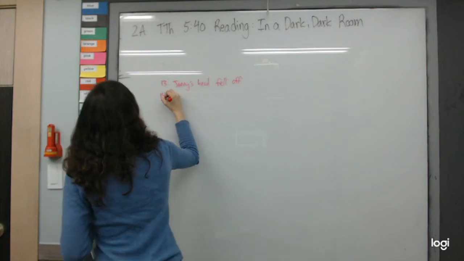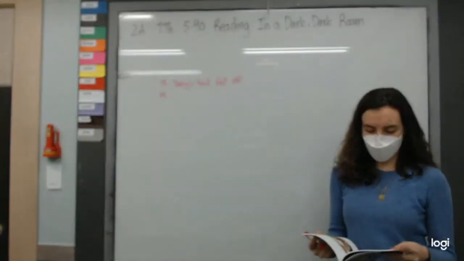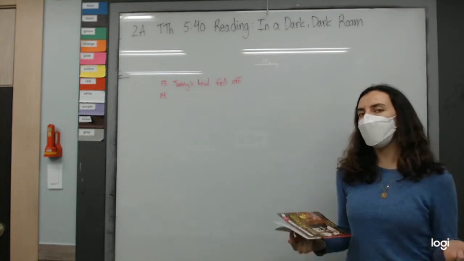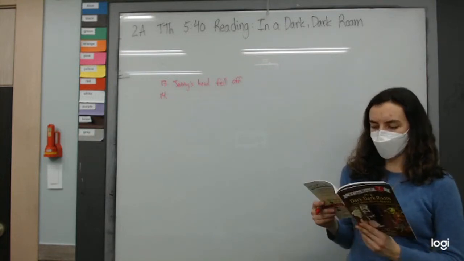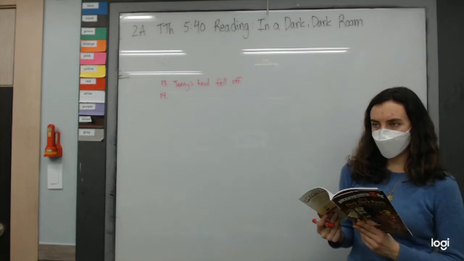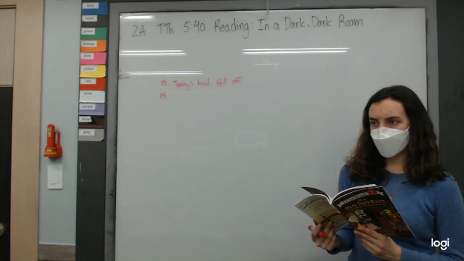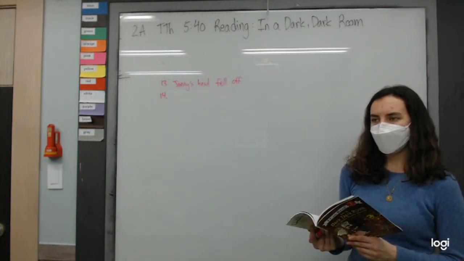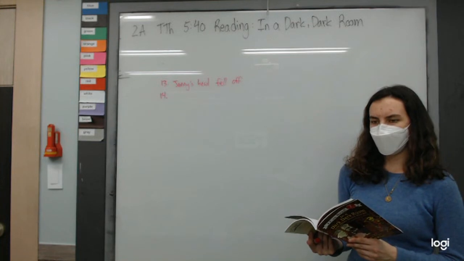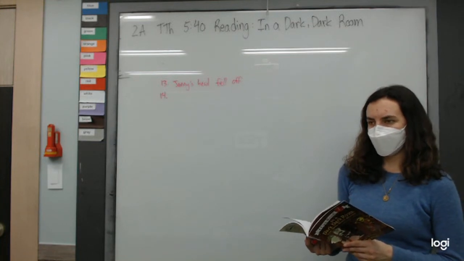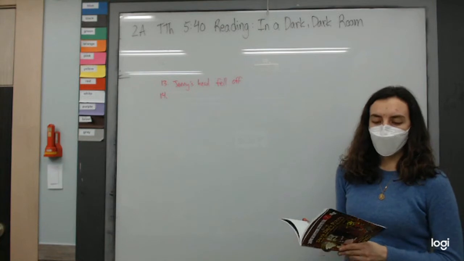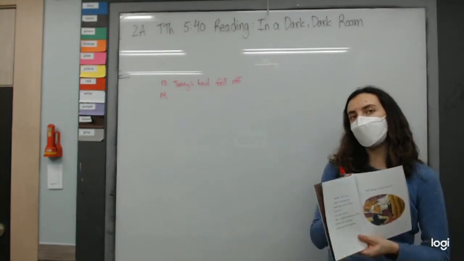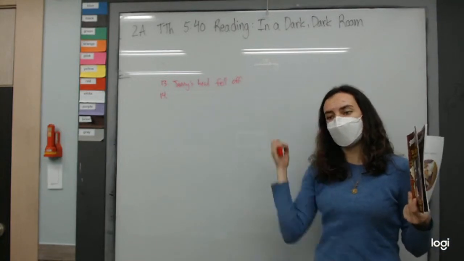So, last question. What was the green ribbon for? Why did Jenny wear a green ribbon? What was it for? So we see Jenny's head, the ribbon is gone. Now Jenny's head falls off.